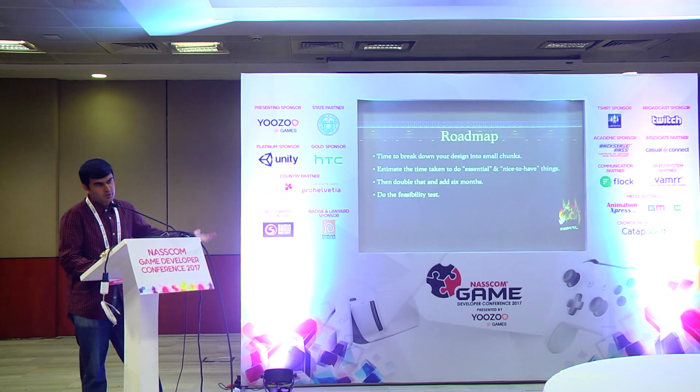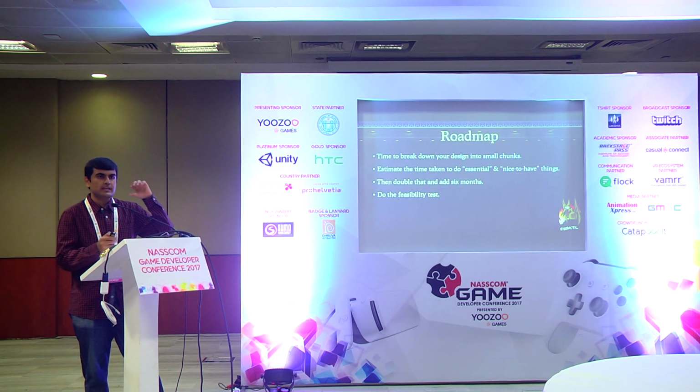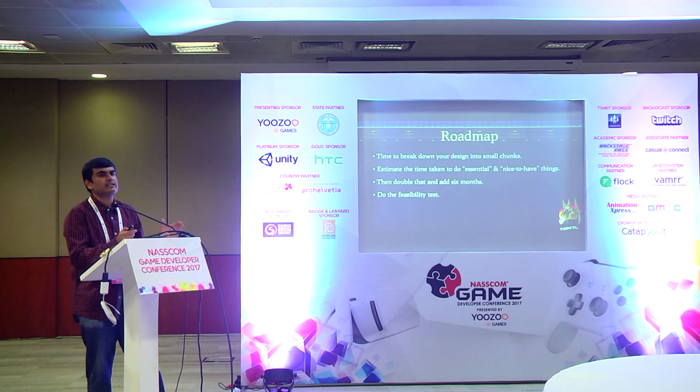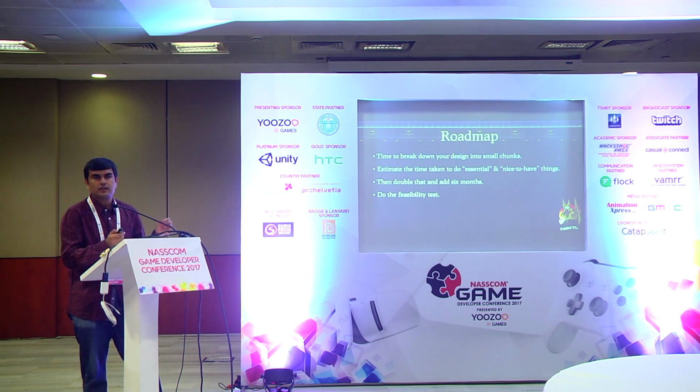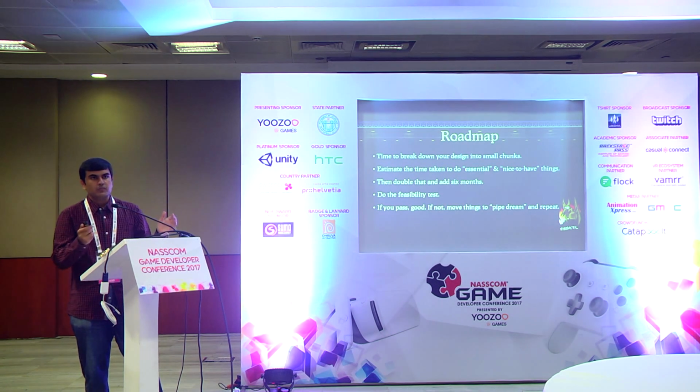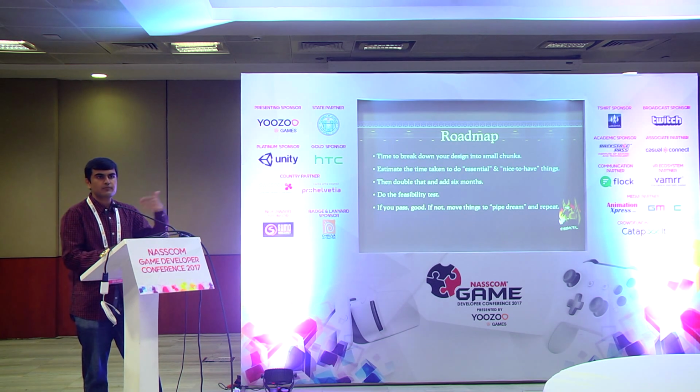And then do the feasibility test, ask yourself those questions, right? And if you say that yes, this game is passing the feasibility test, as in I have the time, money, budget, motivation, experience to do this, then you can go ahead. Otherwise, cut some features and try this feasibility test again.